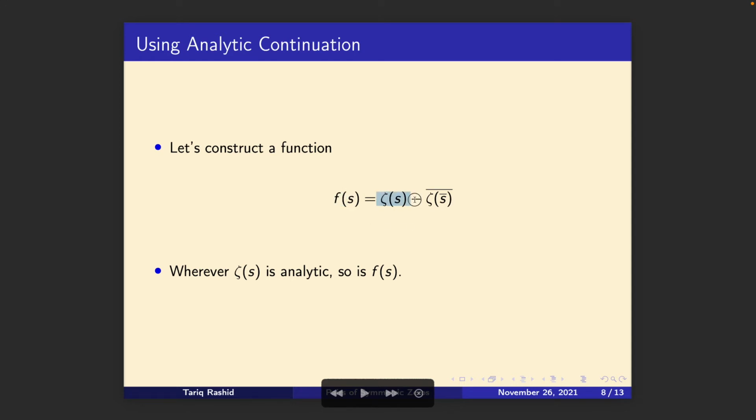And you might immediately spot why that's relevant to zeros, and if not, it'll become apparent. Now, whenever this function, the Riemann zeta function, is analytic, then so is this. That might be obvious to you, but we'll show that next time when we dive into analytic functions. So if zeta of s is analytic, then so is f.